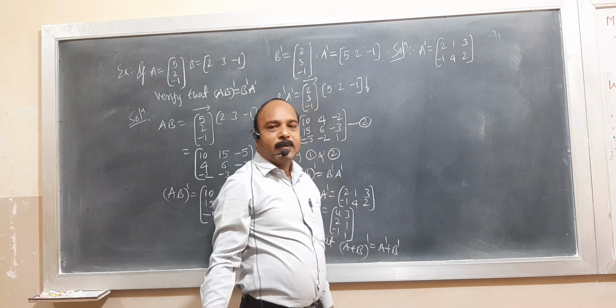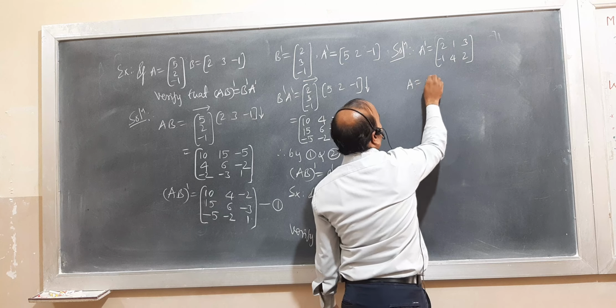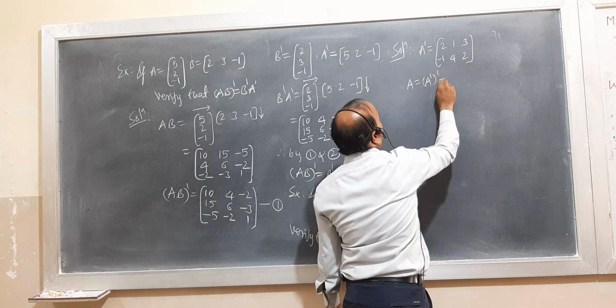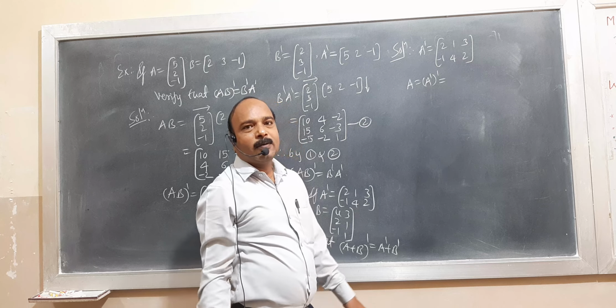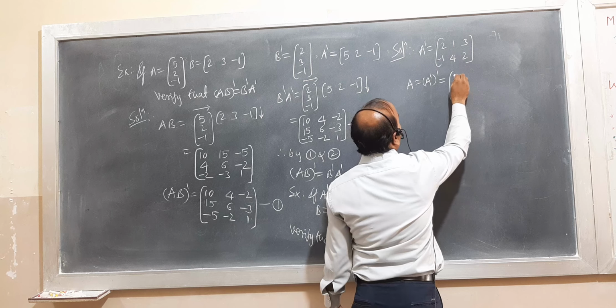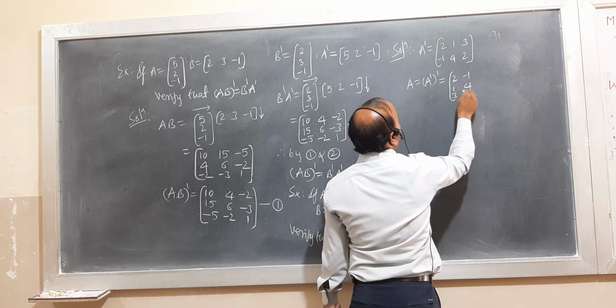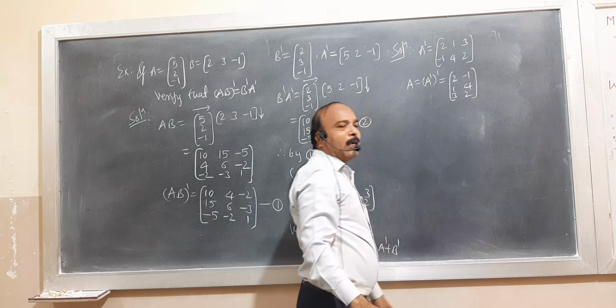It is A', but we want the A matrix. We know the property A is given by (A')', the transpose of A'. Make the transpose of this, then we get 2, minus 1, 1, 4, 3, 2. It is the matrix A.